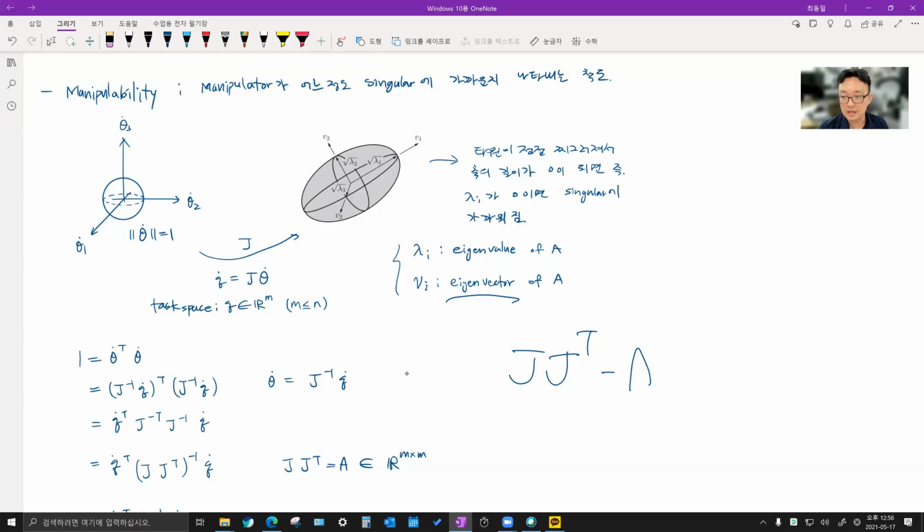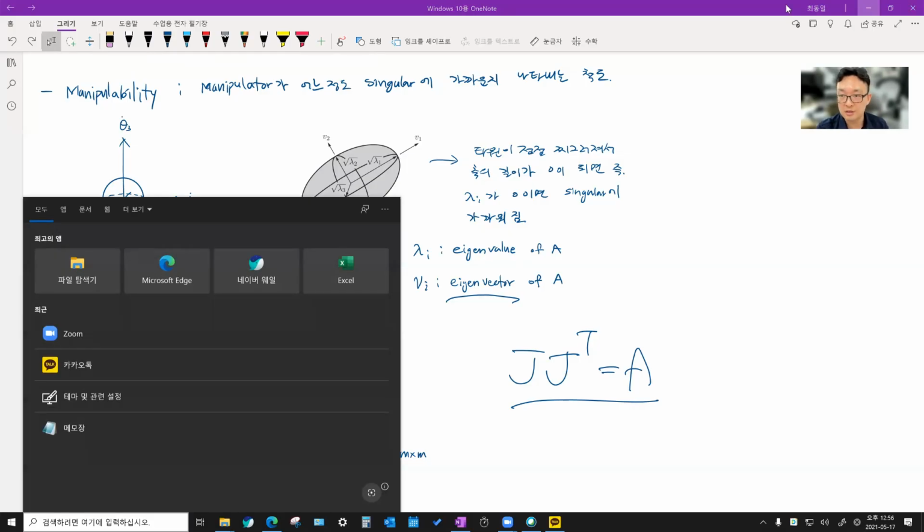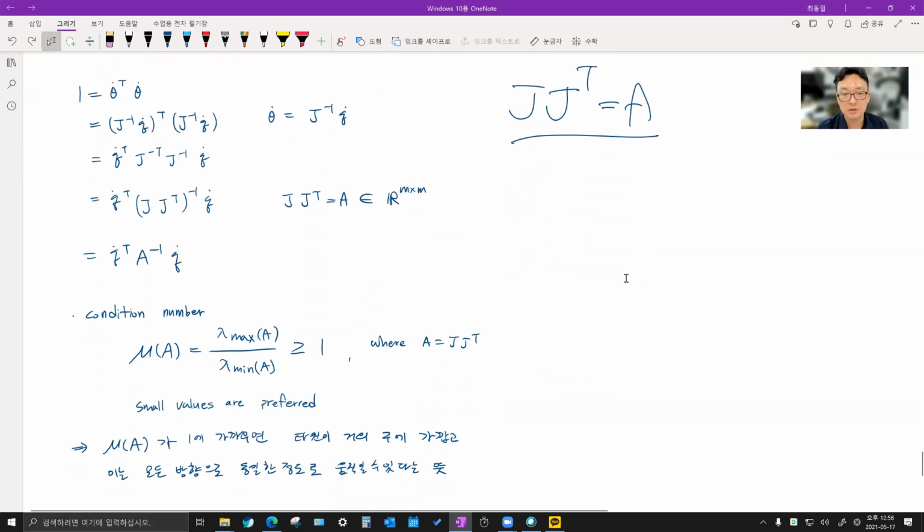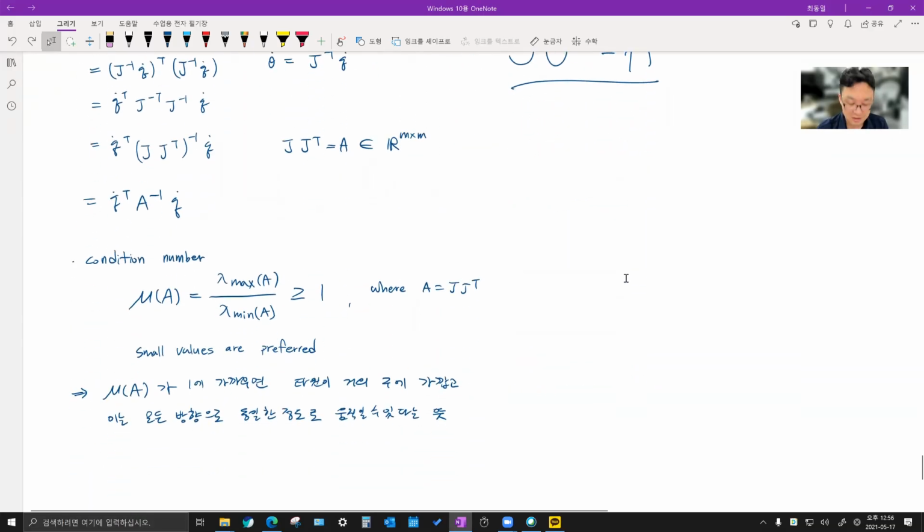Using this A, we can get the manipulability of the manipulator. So we define here the condition number mu. Mu depends on A, and using the A matrix, we can calculate lambda max and lambda min.